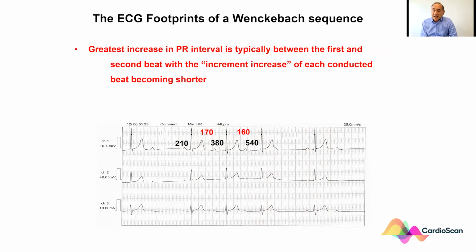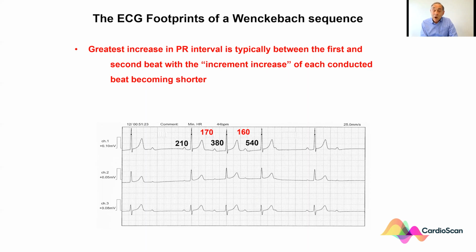One of the other features that make this typical is that the greatest increase in the PR interval is typically between the first and second beat, with the increment of each conducted beat becoming shorter. So if we go back to our illustration again, the first PR interval was 210 and the second 380.